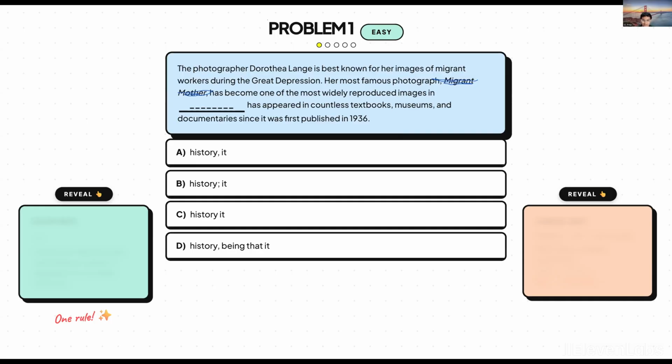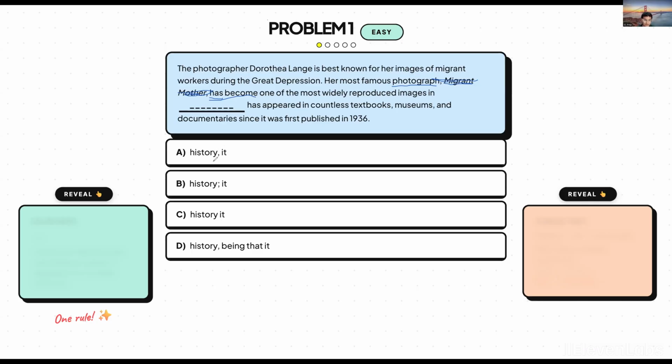In this case, the subject is photograph, and the verb phrase, I would say, is going to be has become. So now you know that the first half is an independent sentence. But you need to know about the second half, since that could help you decide between A and B.